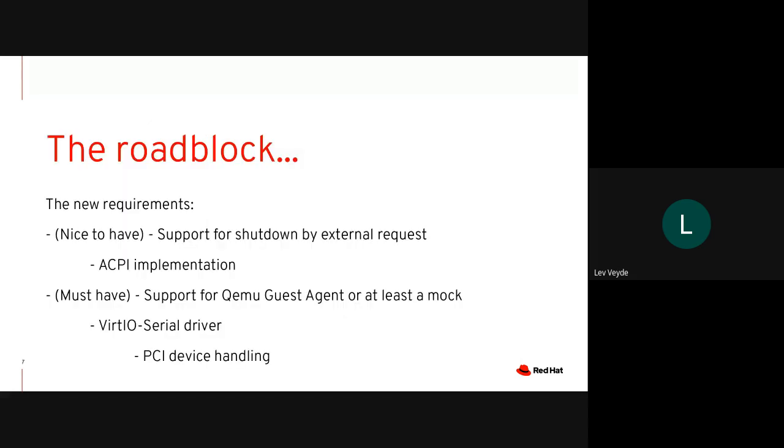But as we continued to work on this initiative, new requirements arose in the OCP on Rev, because we needed to test more functionality of the library. The first one was a requirement to shut down this VM externally.